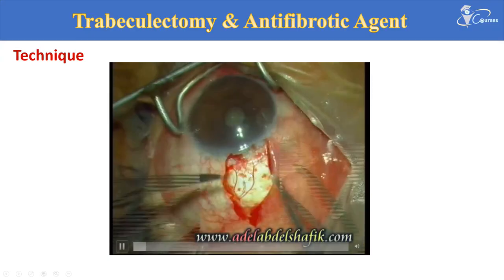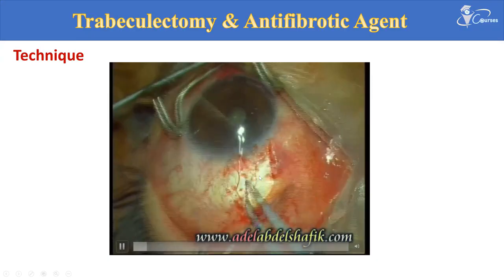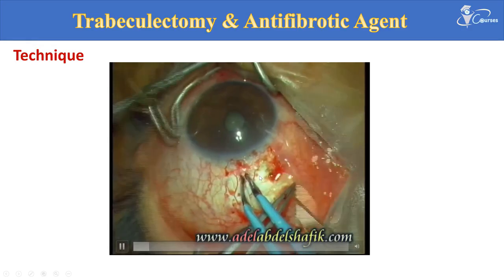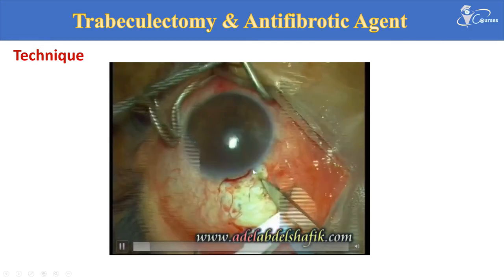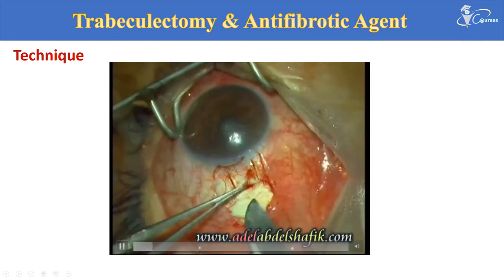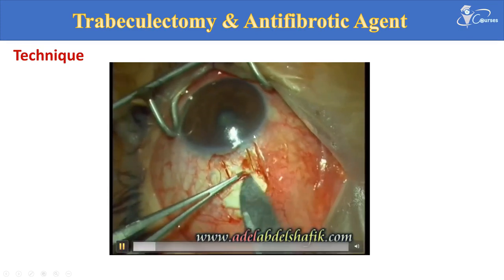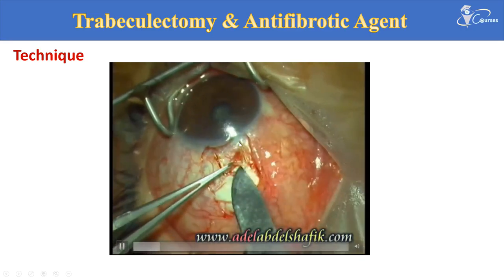So we are creating a partial thickness scleral flap door, and then dissect this flap. It will be around half depth of thickness of the sclera until we reach the limbus.